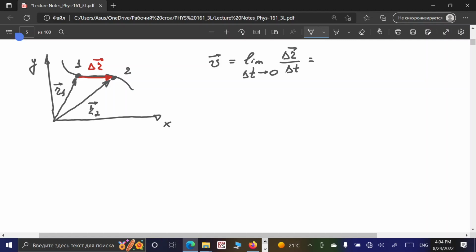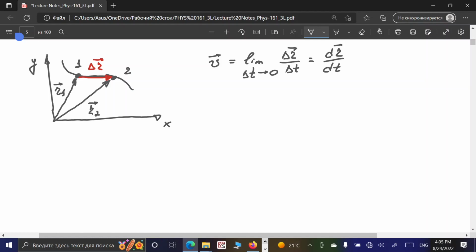That is nothing else than the first derivative of the displacement vector dr over dt. So that is the definition of the velocity vector in multi-dimensional space. It doesn't matter if it's two- or three-dimensional space.